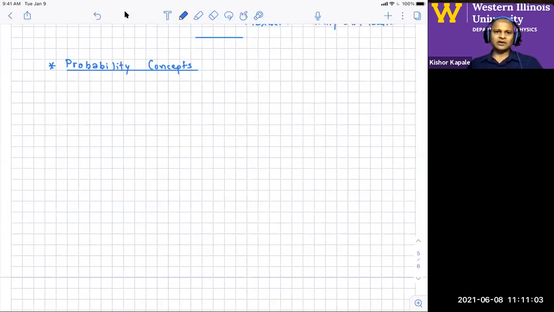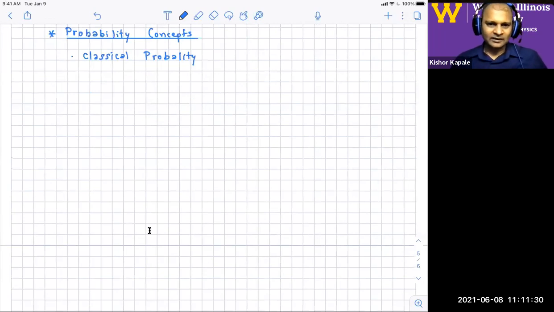All that we are going to do is just quickly review the concepts of probability. The first one is the classical probability. This is not classical in the sense of classical mechanics; it is just the standard kind of definition. Let's say you have something called a sample space.